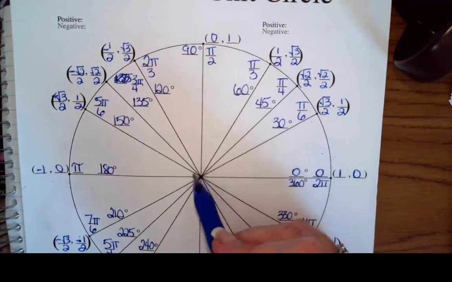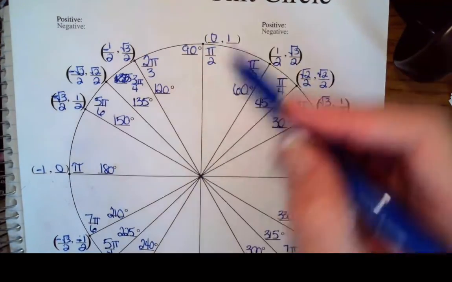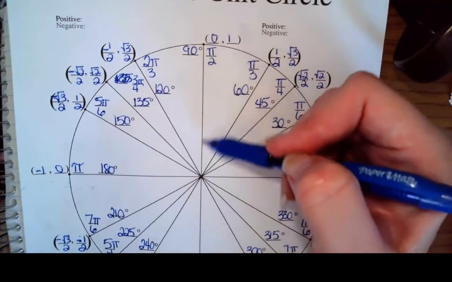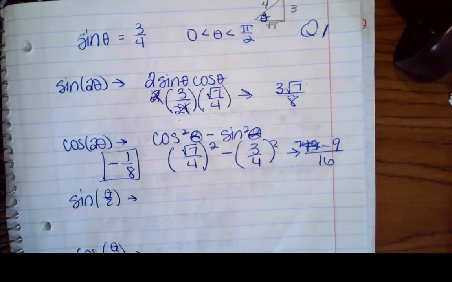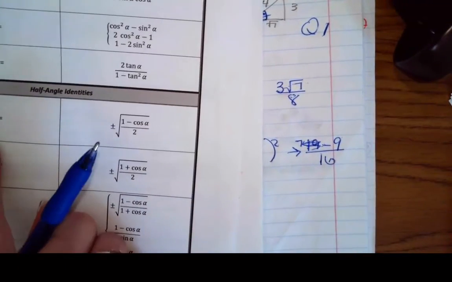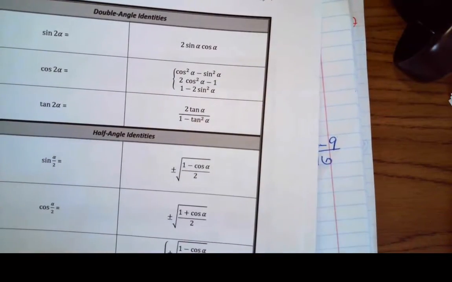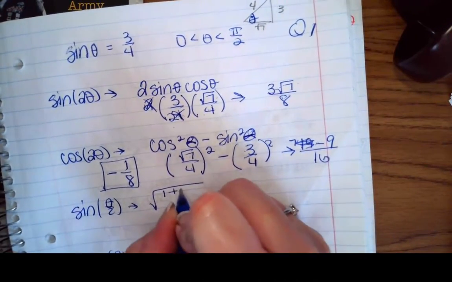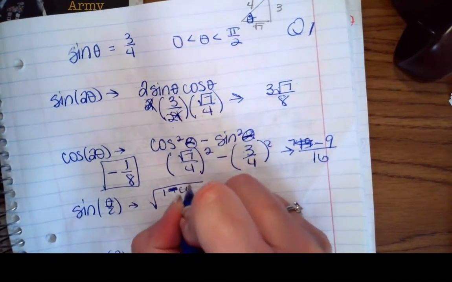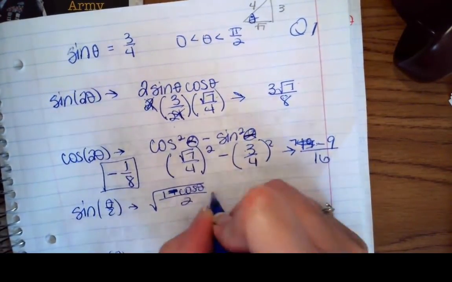If I chop this angle in half, it's still going to be in quadrant 1, and everything is positive in quadrant 1. So I'm going to grab the sine of half of this angle, and it's going to be a positive square root of 1 minus cosine theta over 2.